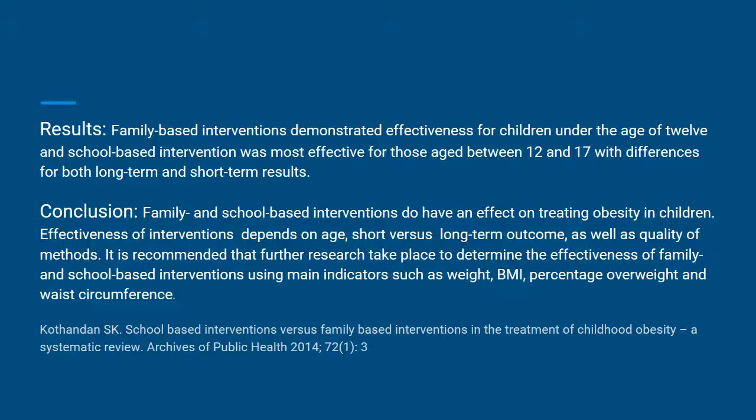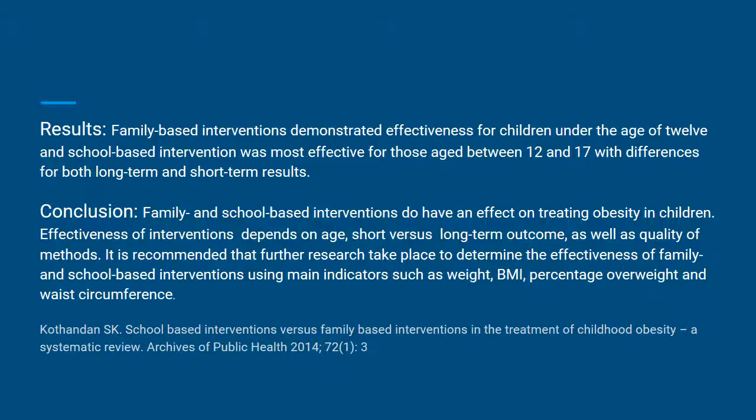The results showed that family-based interventions did demonstrate effectiveness for children and weight loss between the ages of 12 and 17, and there were differences seen for both long-term and short-term results.